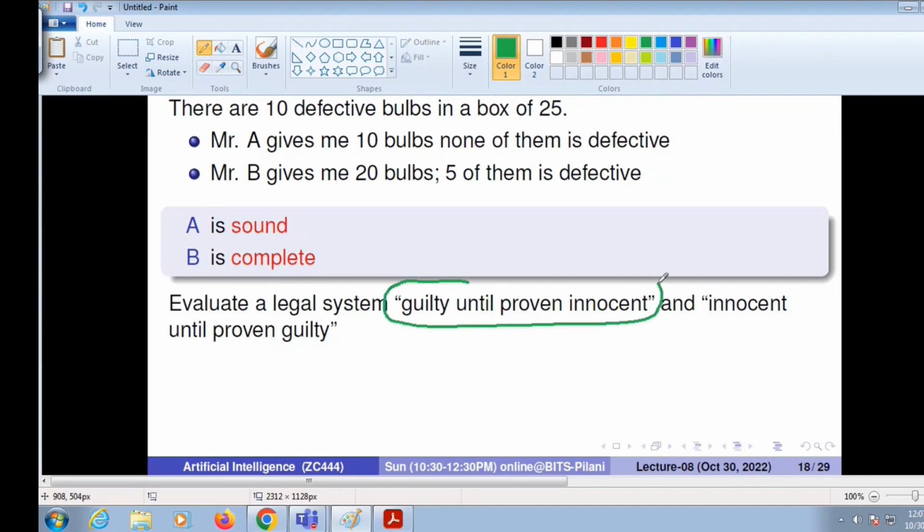So this system is what, sound or complete? It assumes that everybody is guilty until proven innocent. So all the guilty people, if somebody has done a wrong thing, he would definitely be caught.